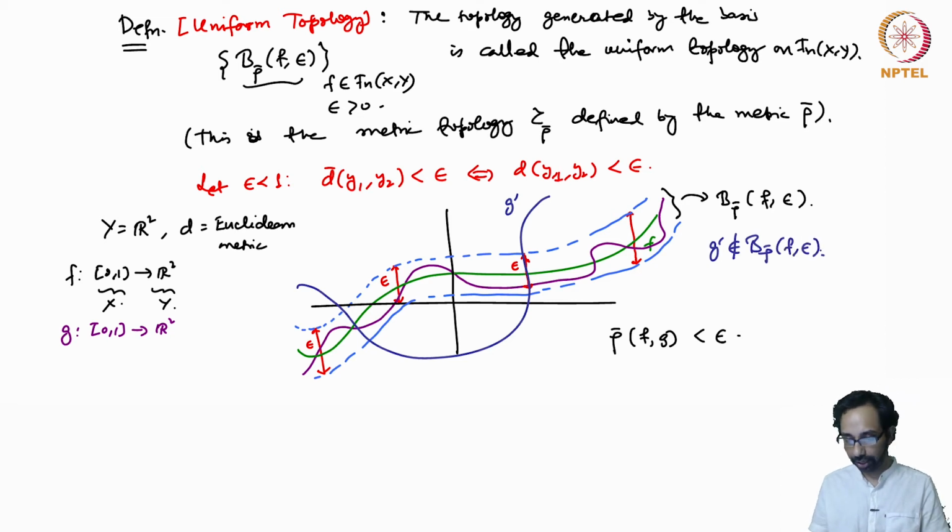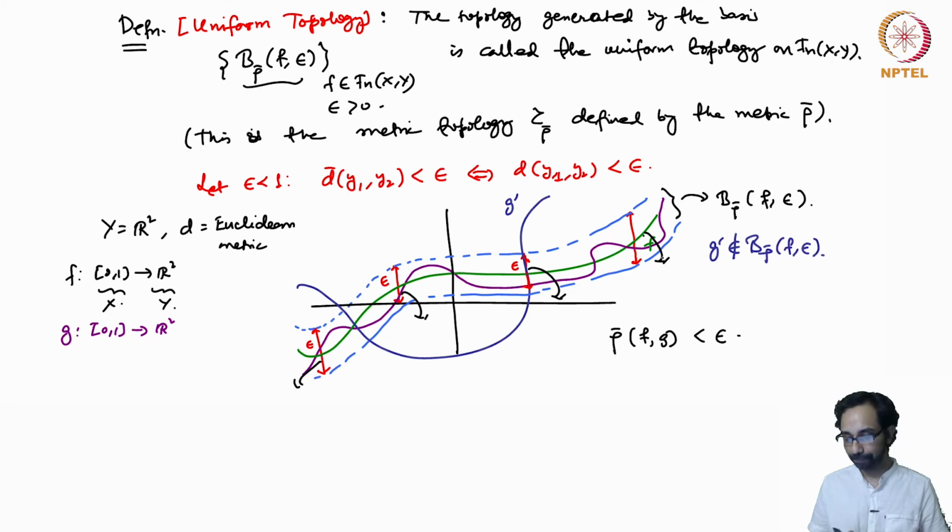So we see the uniform width, and this is why it is called the uniform topology. This is because we are taking a uniform width at each of the points of the image of f(x), and considering the metric neighborhood around these points.